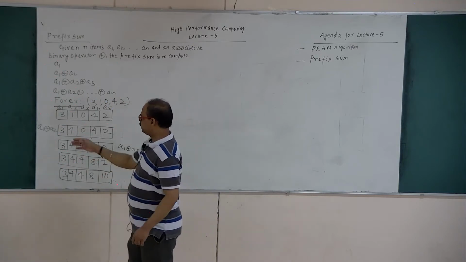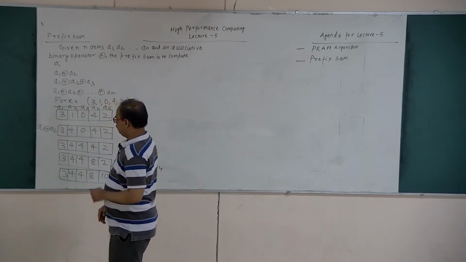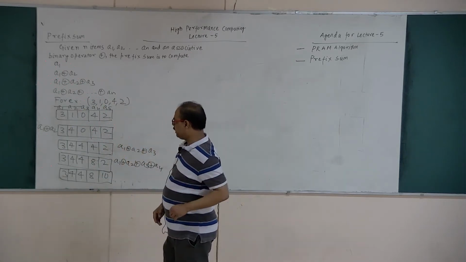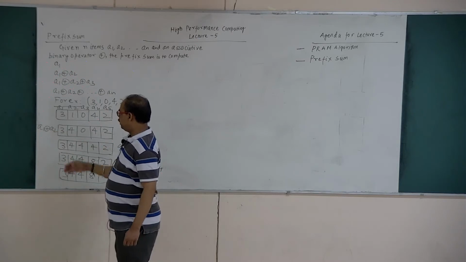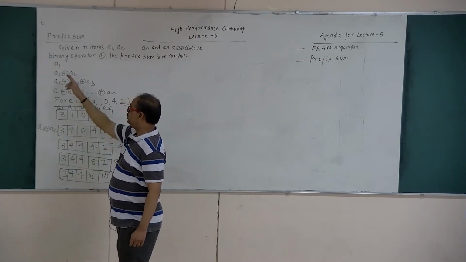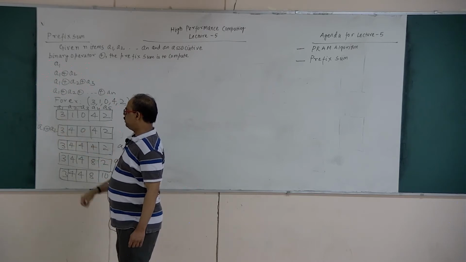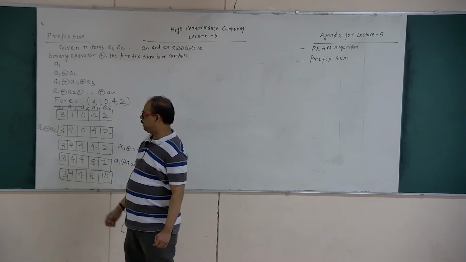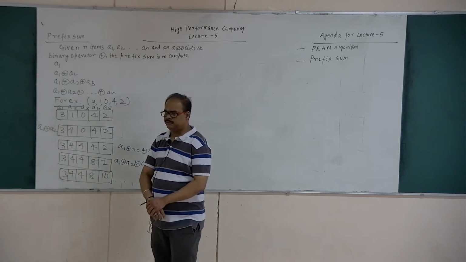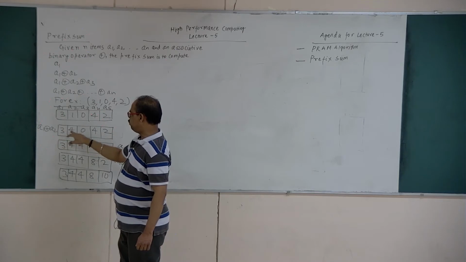In the first step A1 is taken as it is, and in the second step we add the first and second numbers, A1 plus A2. A1 is 3 and A2 is 1, so 3 plus 1 is 4. So A1 is taken as it is, and 4 is the addition of 3 and 1.